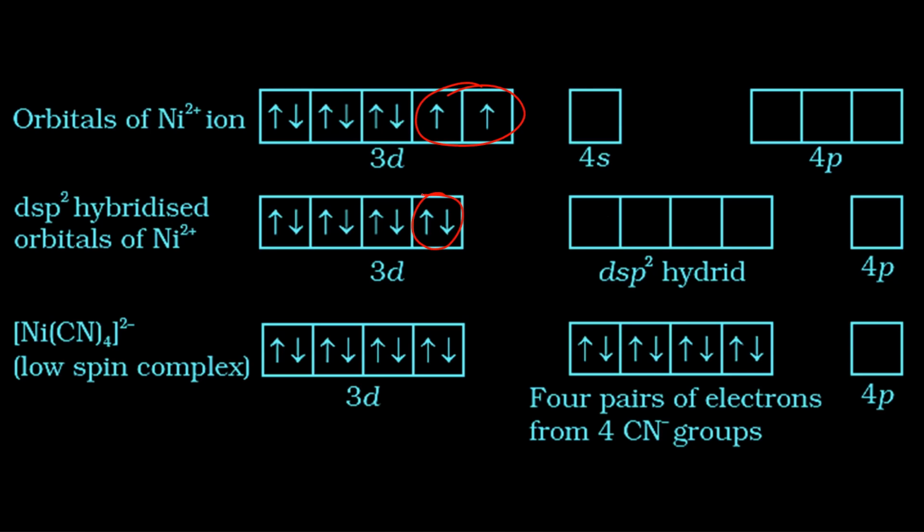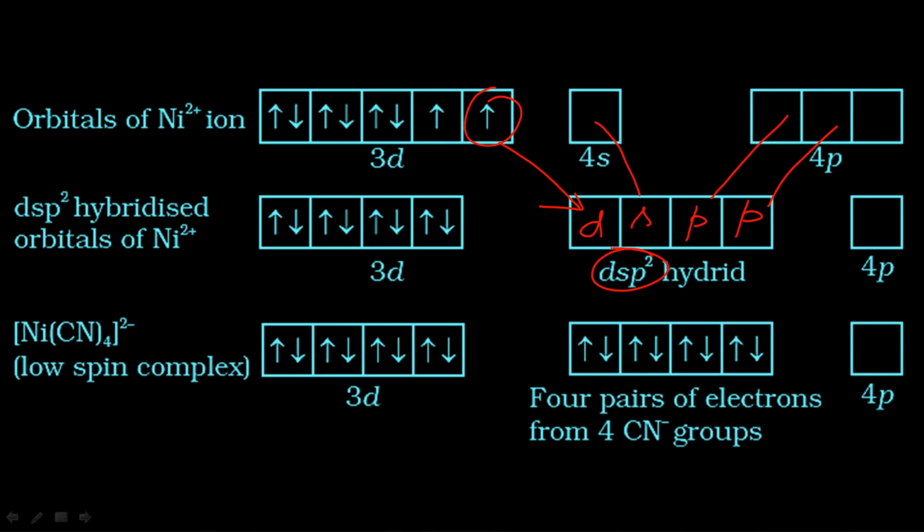Now there will be a difference because these have got paired. In this case, this d is empty, so it will be used to gain electrons. Then this s and the remaining 2 will be from p, so it will be dsp2: 1d, 1s, 2p. Clear?